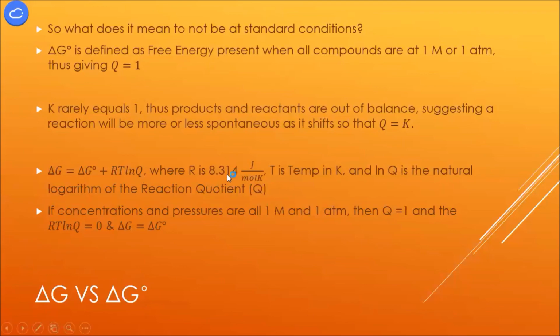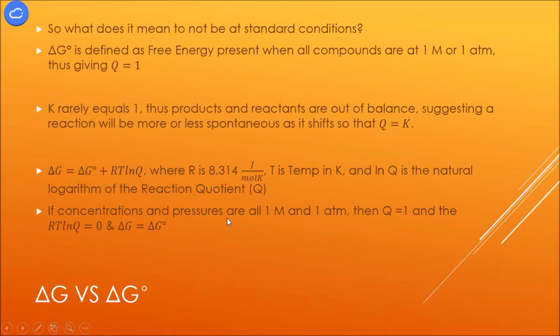Now, R is units of joules per mole Kelvin. So you do have to convert that into kilojoules if you want to add that in. And the ln is just the natural log. But as I said, if all the products and reactants are done at 1 molar in 1 atmosphere, Q equals 1.